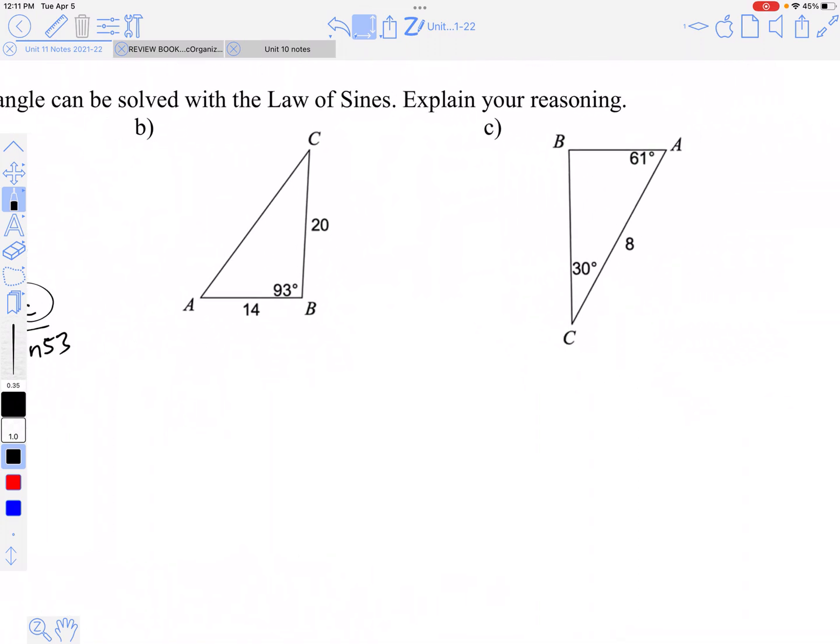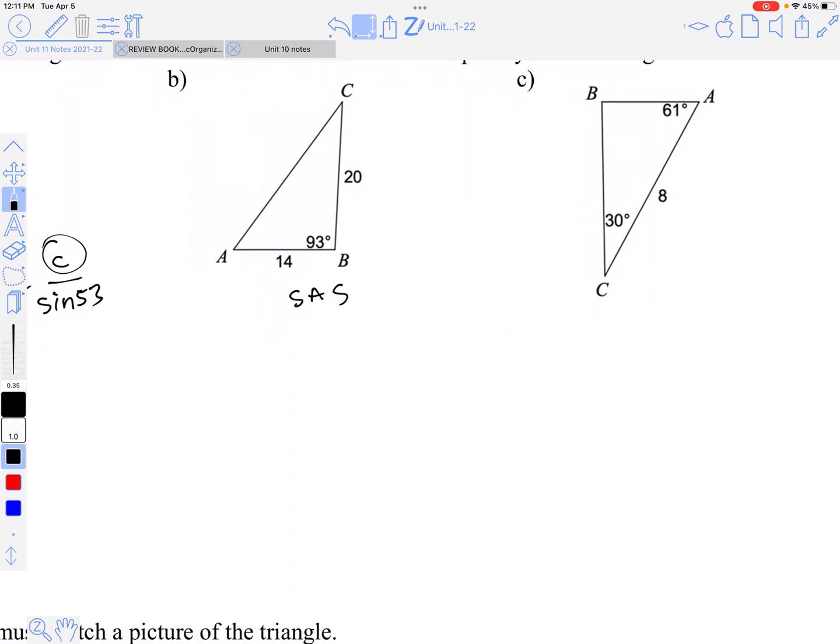Okay, let's take a look at this one. I have side, angle, side. If I try to solve with this one, I have sine of 93, which is big B, but I don't have little b.